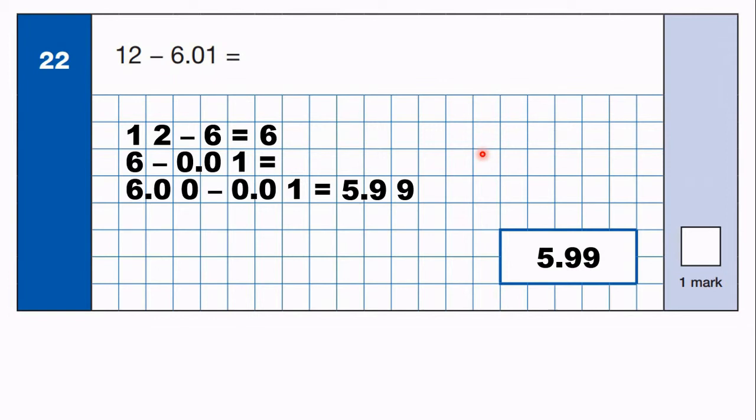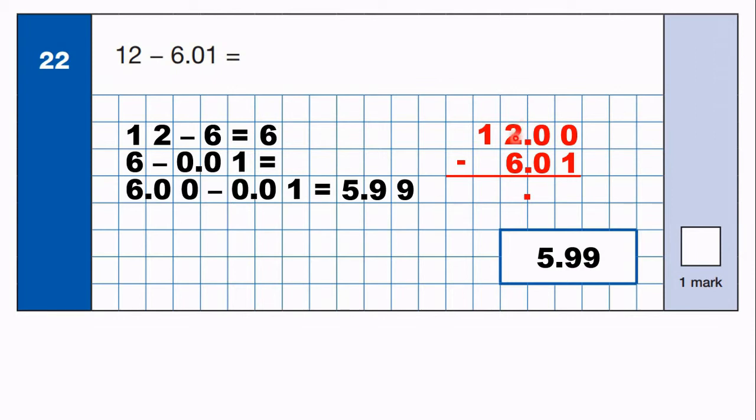But if we're unsure, we can always use column subtraction, making sure that our place values are lined up, and then writing 0.00 on the end of our whole number. We need the decimal point in our answer, but now we can't do 0 minus 1, and we can't exchange with the next place value column along.